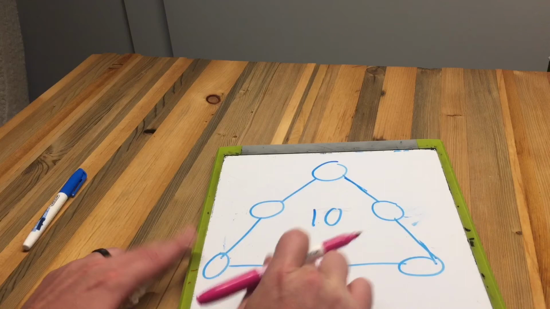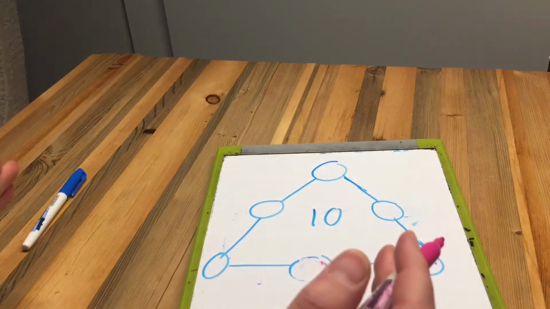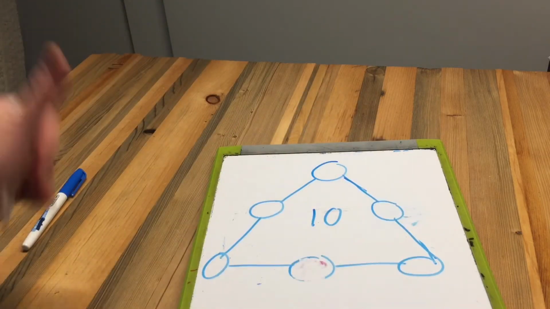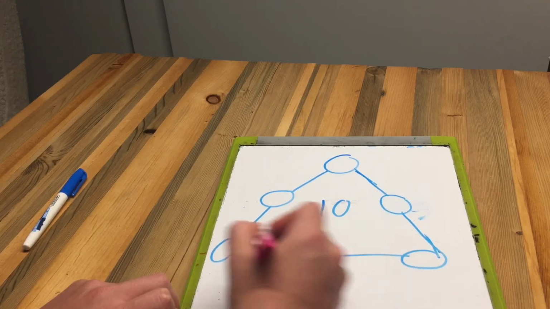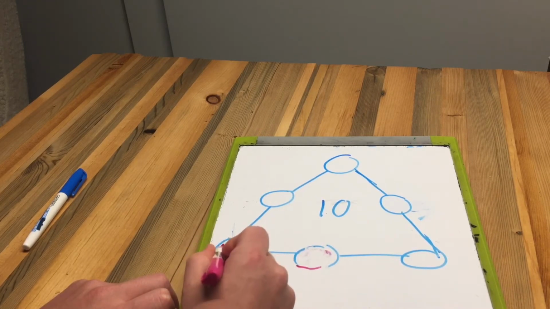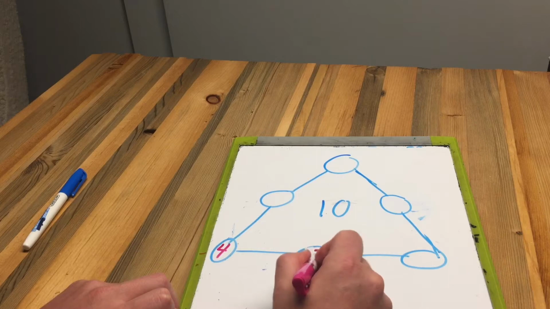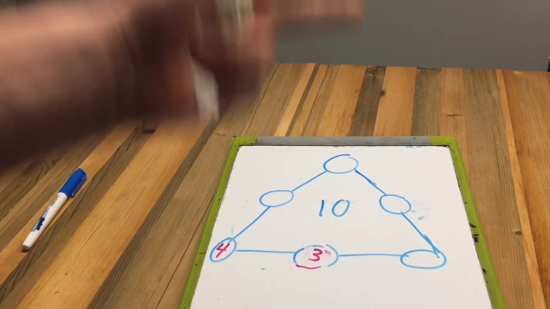So I like to always think of a number, if it's between 0 and 10, for example, somewhere about halfway. So maybe a 4, a 5, or a 6. So let's start with, I don't know, I'm going to put a 4 here. Now, what happens if we try a 3? 4 plus 3 makes, so 4, 5, 6, 7.